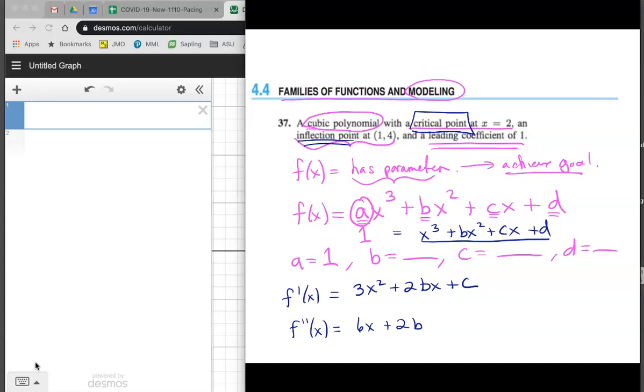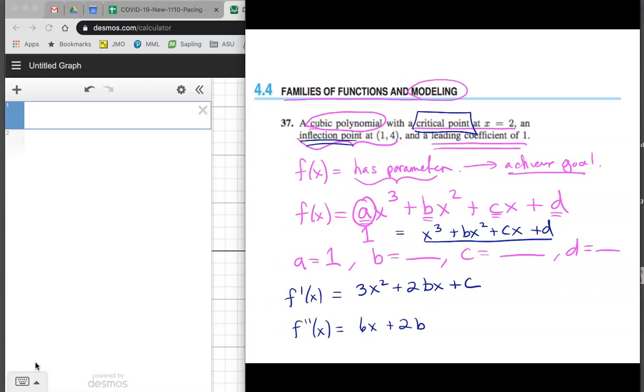We want a critical point at x equals 2. So at x equals 2, we need f prime of x to equal 0.